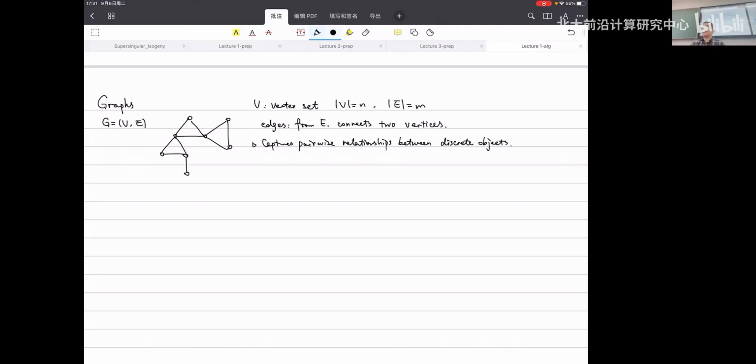For instance, we have a class here. An example is friendship. The V here is the set of all students, and the n here is the number of students enrolled in this class.